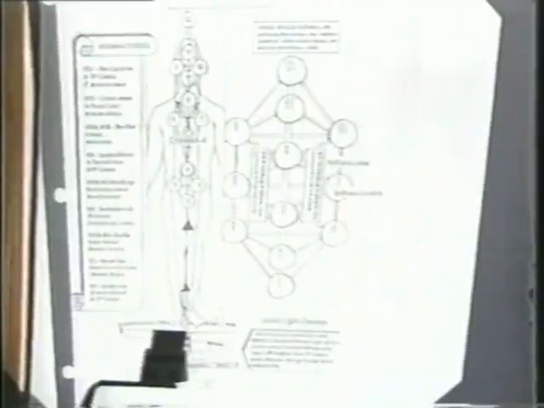And visualize the silver cord as a long, thick, pale silver cord of light running from the Earth's core through your body and out the top of your head, connecting to the 14th chakra, 36 inches above the head.